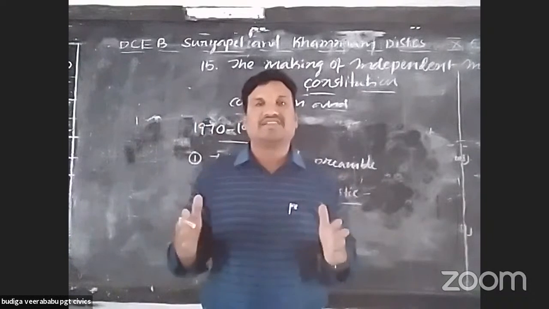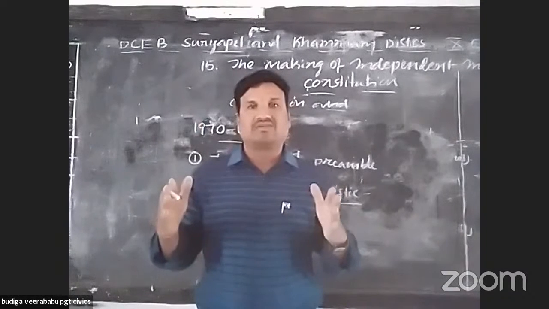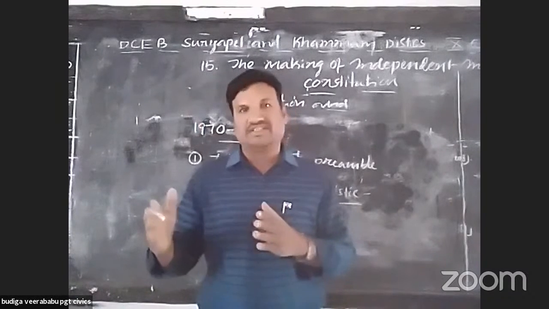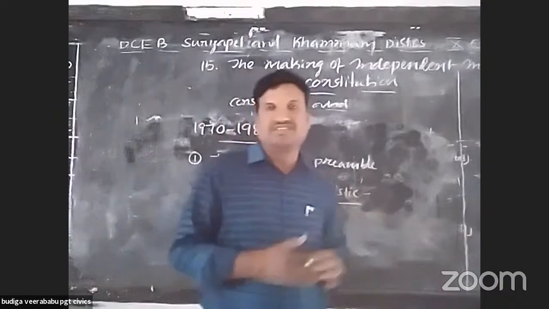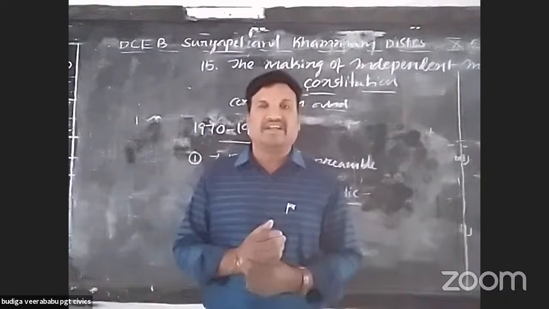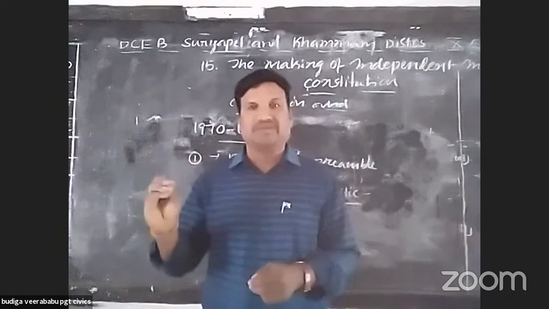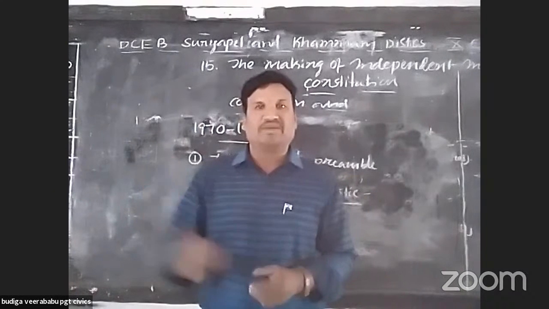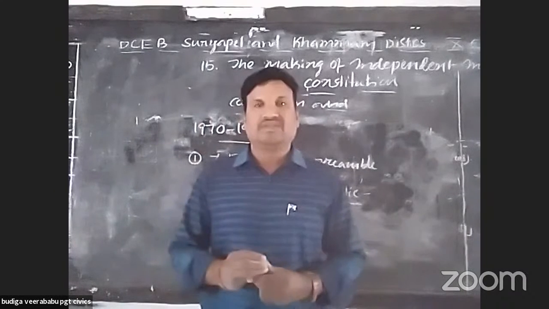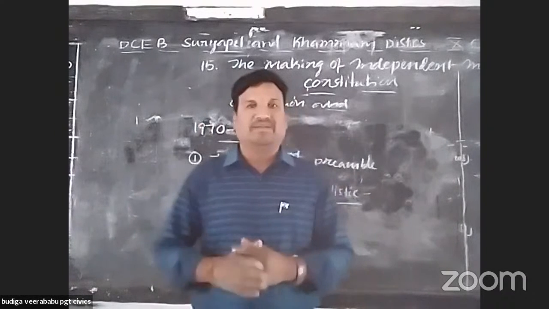In the 1970s and 1980s, there were a lot of questions about whether Parliament or the Constitution is more powerful. The majority government decided that Parliament has the right to change any article, part, or schedule through constitutional amendment, so the Constitution was not more powerful than Parliament.